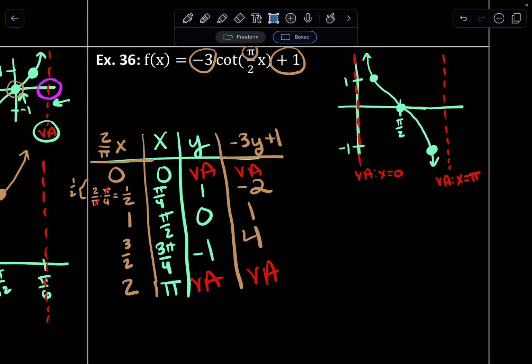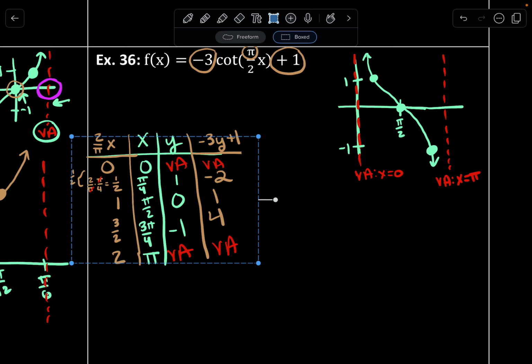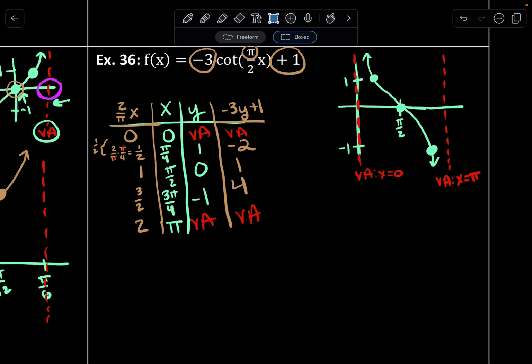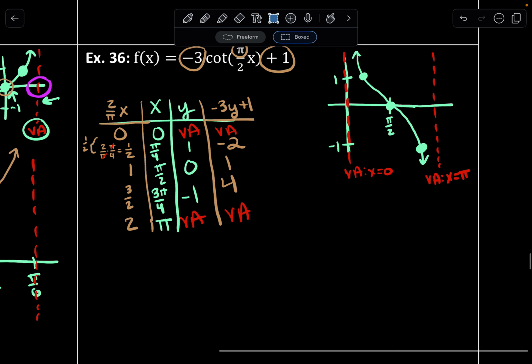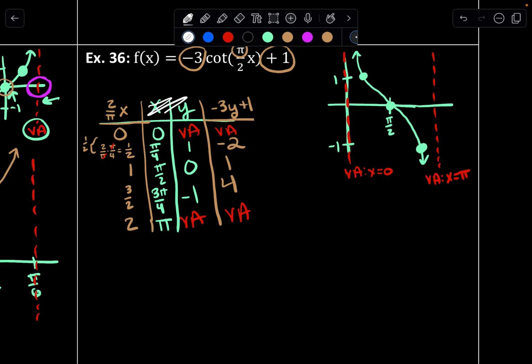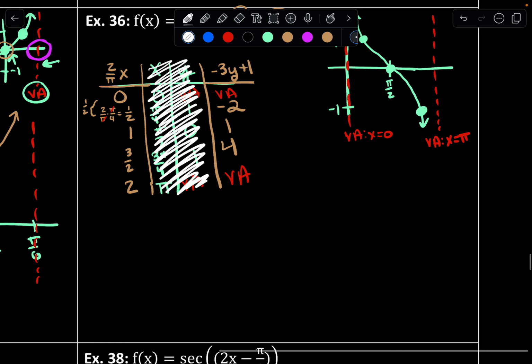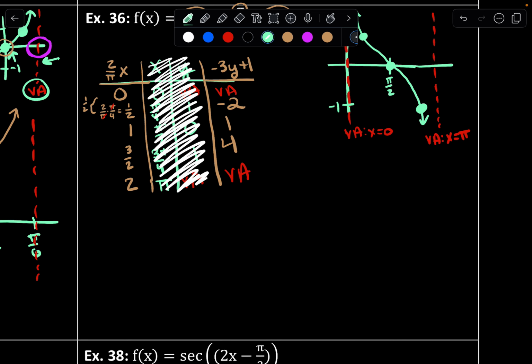All right, I'm going to go ahead and reduce this so that I have more space. Captured everything. There we go. All right, so I'm going to white out the center part so I don't mix my points up. You don't have to do this, but it makes it easier for me to see what's going on. And we are in quadrants 1 and 4.